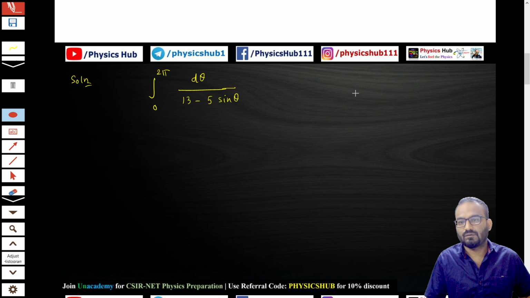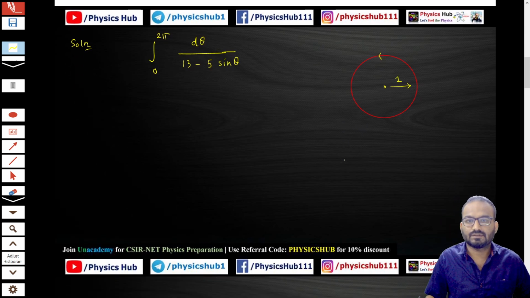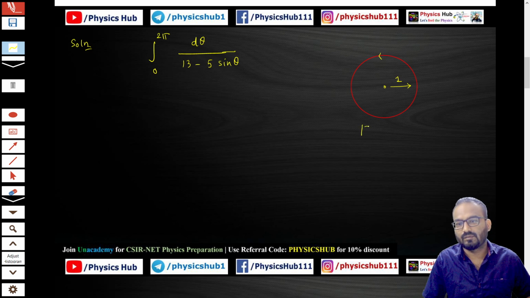For that we have to select a particular contour. So let's say this is the contour we are taking in an anti-clockwise sense, and it has unit radius, and we can mathematically represent this circle as mod of z equals 1.